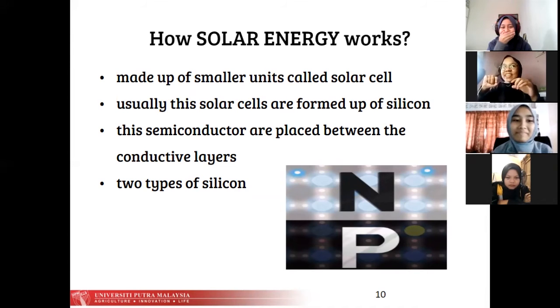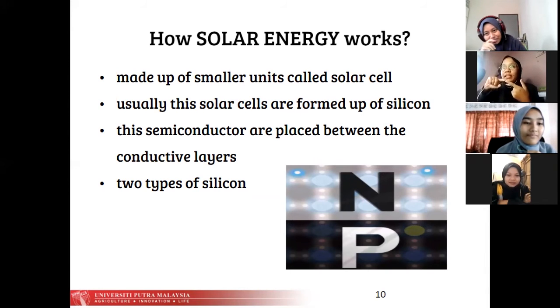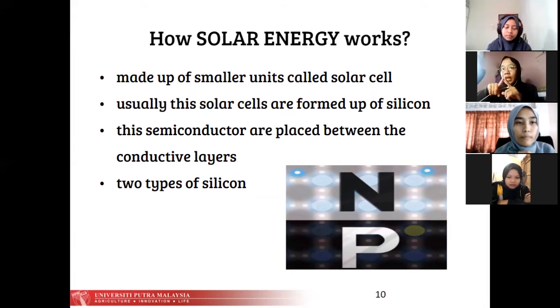Usually, these solar cells are mainly formed from silicon, a common semiconductor, which is placed between the protective layers. All of the silicon is connected to each other in series to produce the energy.